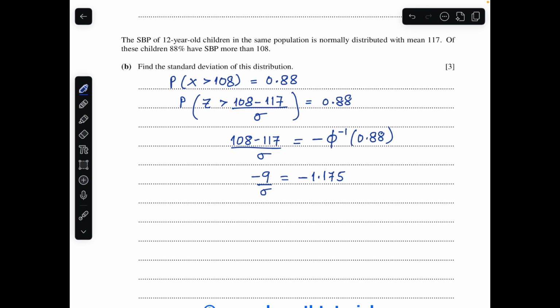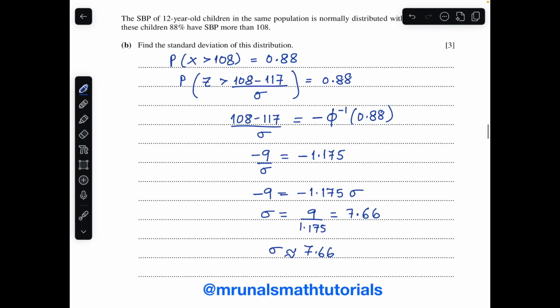Remember, when you look up in the table, you need to search for the probability 0.88, not the z-score. So negative 9 equals negative 1.175 sigma, or sigma is 9 over 1.175, which is 7.66. So sigma is approximately equal to 7.66.